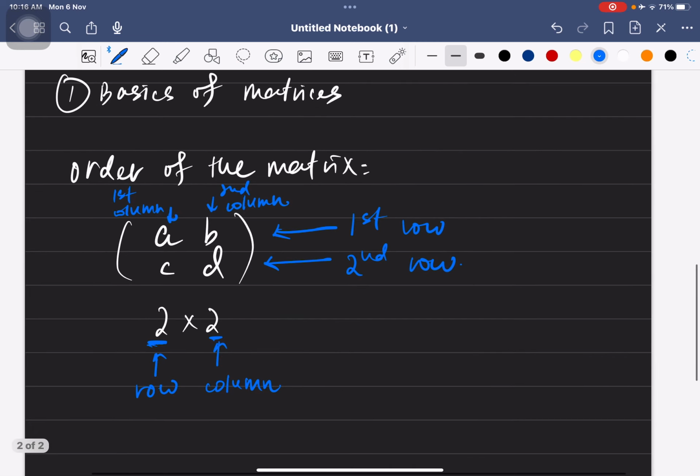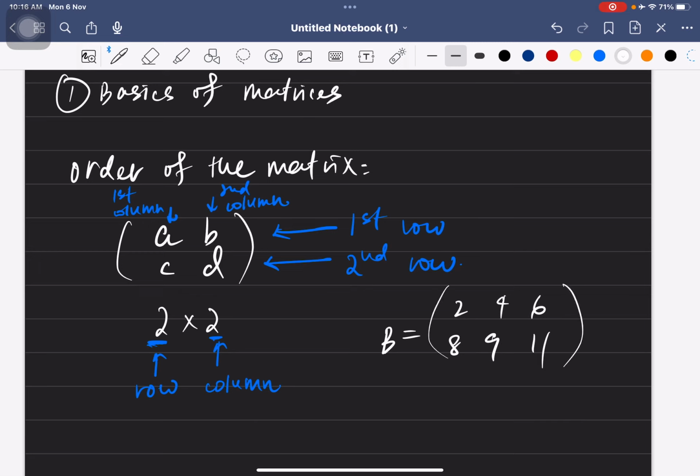For example, given a matrix B: 2 4 6 and 8 9 11. What is the order of the matrix? First we look at the row. How many rows are there? What is row? Row means the horizontal numbers. First row, second row, so there will be 2 rows.